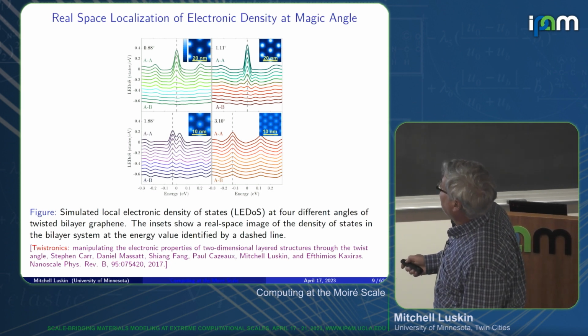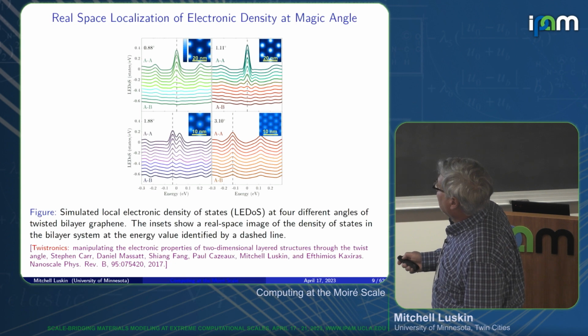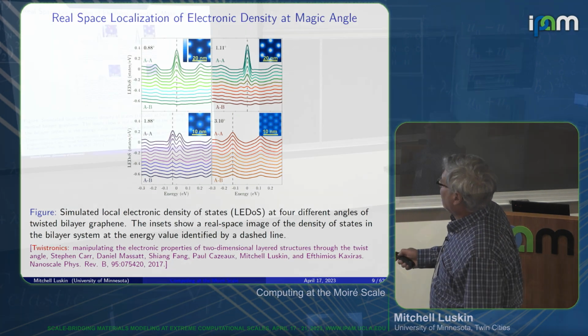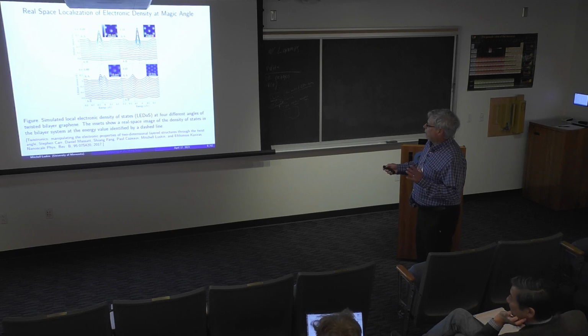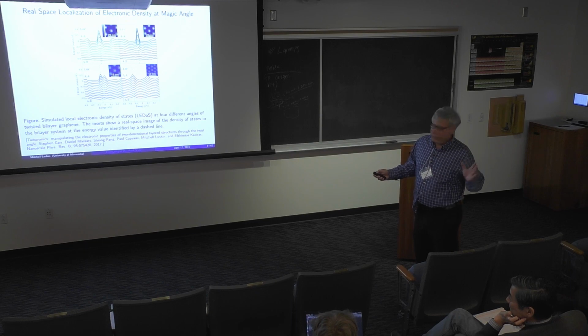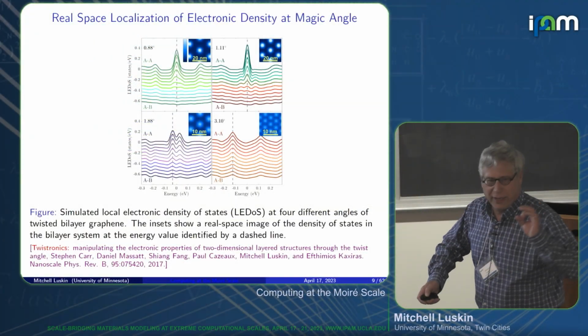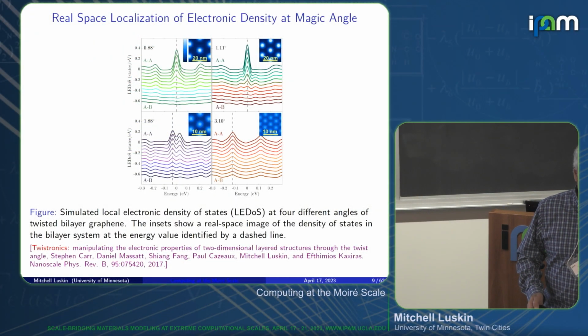But one nice thing here, look at this, this is our electron density at, say, charge neutrality, and as you look at 0.88, and you see at 1.11, which we did not know was the magic angle, you see that the density is most highly localized.